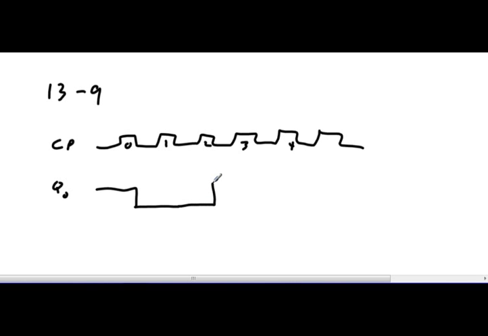Up at 2. Down at 3. Up at 5. That's pretty bad. So how many are we going to need to make that particular pattern?